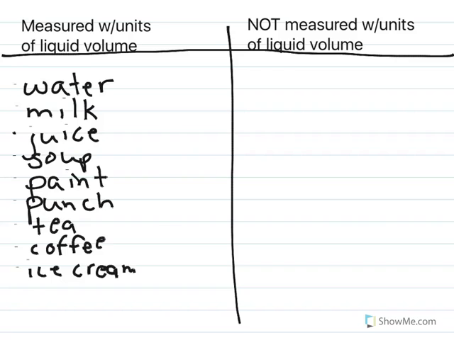Now, some of the stuff that you would not measure with liquid volume is basically anything that is not a liquid. For example, bread. We would not get a gallon of bread because it's not a liquid. We can't measure it that way. Eggs, when they're not cracked. If you crack the eggs, they can become a liquid.